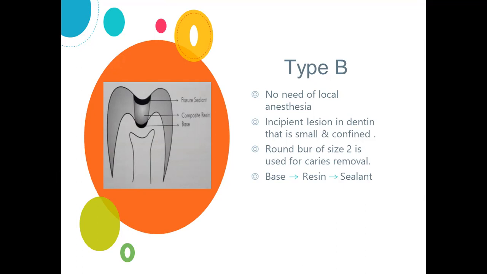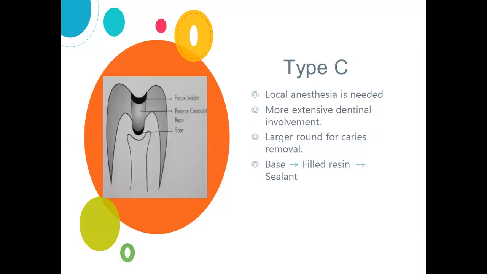That is, after caries removal, some amount of dentin will be exposed, so this dentin is sealed with the help of a suitable base material. Above this base material, a composite resin, usually an unfilled composite resin, is placed. Finally, the remaining pit and fissure will be sealed with the help of a sealant. So this is all about type B.